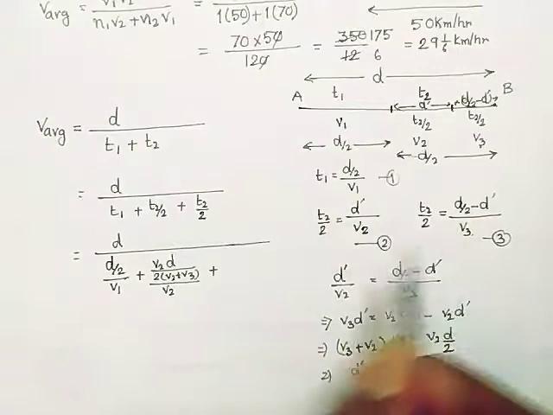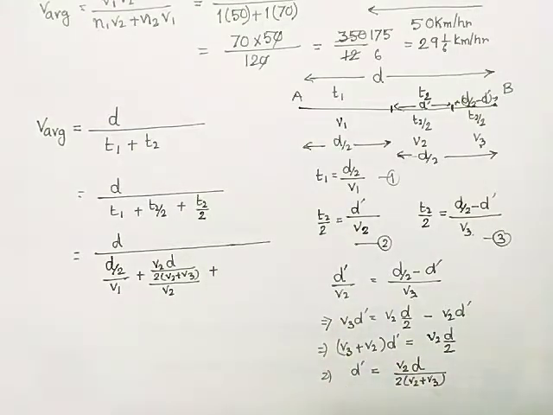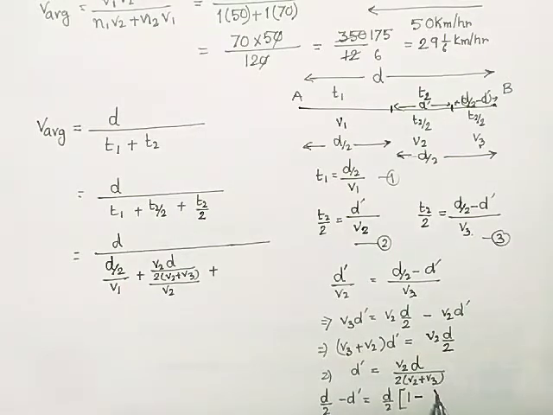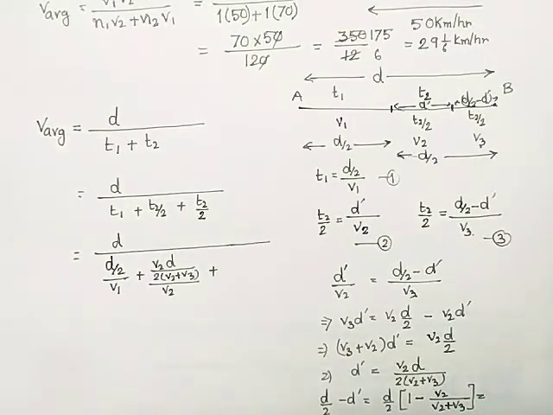And in the case of the third section, d by 2 minus d prime: if I take d by 2 as common, it will be 1 minus v2 divided by v2 plus v3.